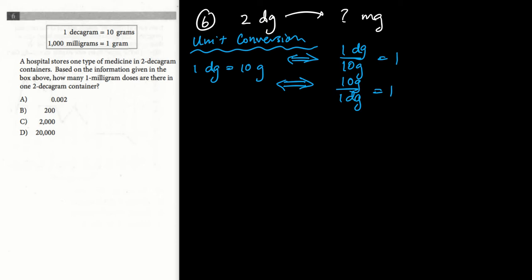Okay, and then we'll repeat this for the second relationship we're given, right? So 1,000 milligrams is equal to 1 gram. So that is equivalent to 1,000 milligrams over 1 gram is equal to 1. And the other way is also true.